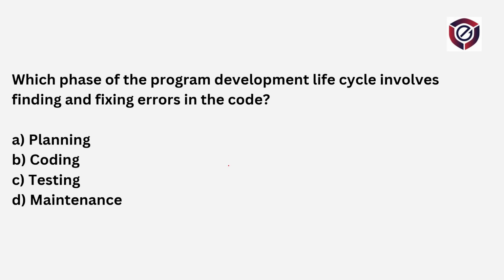Maintenance is maintaining it, the databases, the networks, taking the input from the users and updating it. All these things are maintenance, whereas finding and fixing errors comes in the stage of testing. Even here, the name itself suggests testing means finding and fixing errors. So by common English words, you can guess the correct answer.